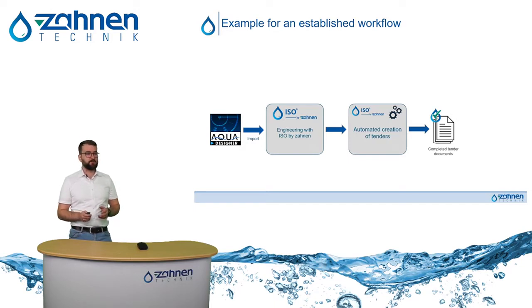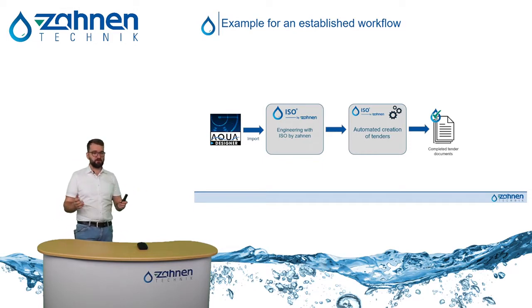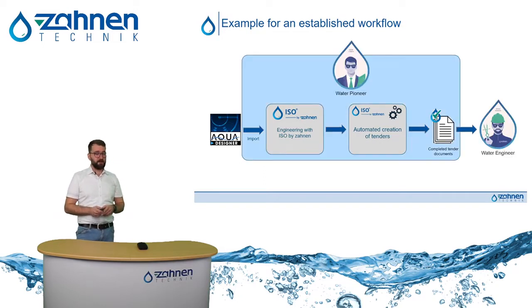And as a result, you will have the complete tender in FIDIC Redbook without putting more effort into it than if you would do a FIDIC Yellowbook tender, for example. And all that is done with our license Water Pioneer. And again, the Water Engineer can pick up this data and work further.